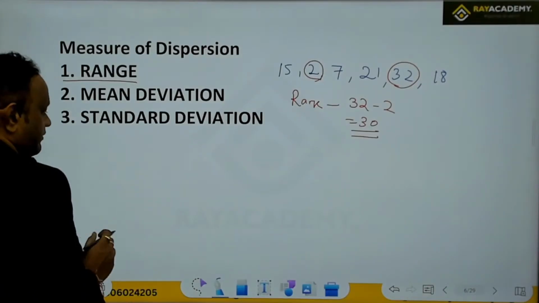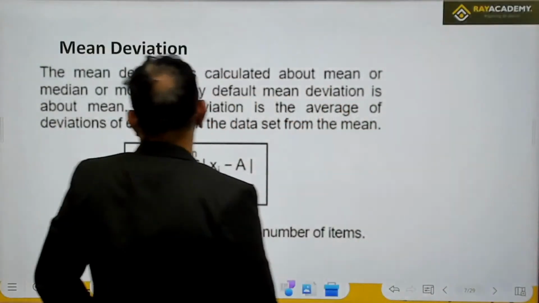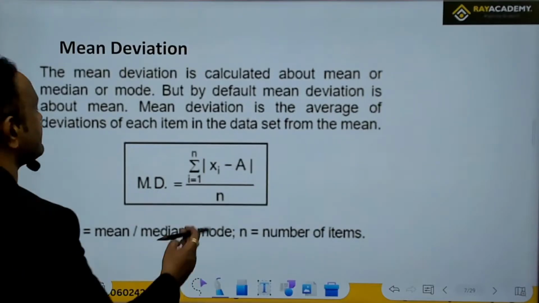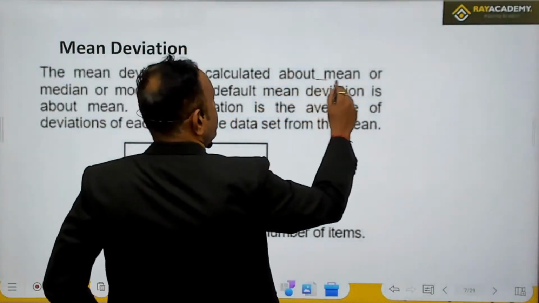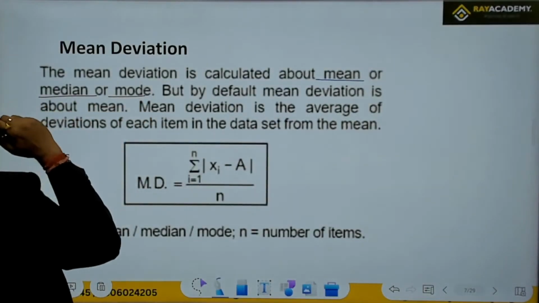Okay, now we will see what is mean deviation and what is standard deviation. The formula is given. Mean deviation is calculated about mean, median or mode. We can calculate it in three ways: about the mean, about the median, and about the mode.